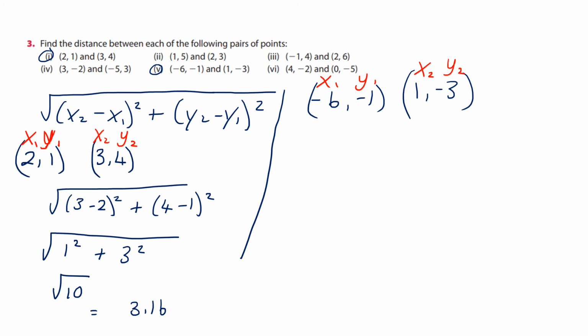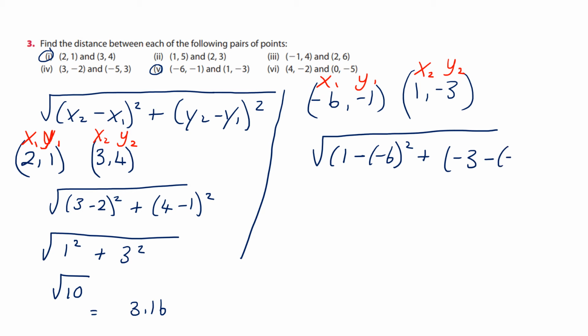Okay, and let's just substitute these into our formula. I have it over here to reference. So we're looking for x2, which is 1 minus 6, plus y2, which is minus 3 minus y1, so that's minus 1.